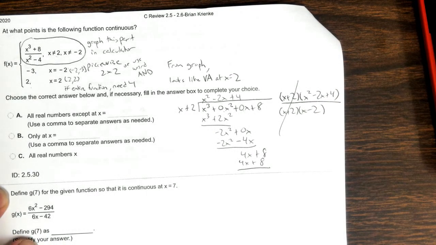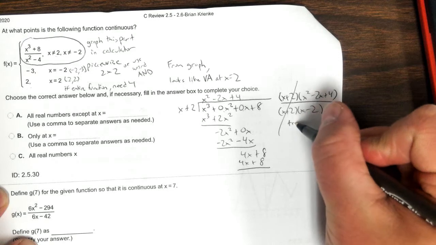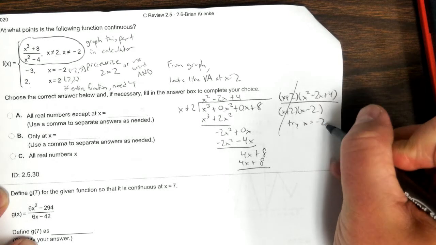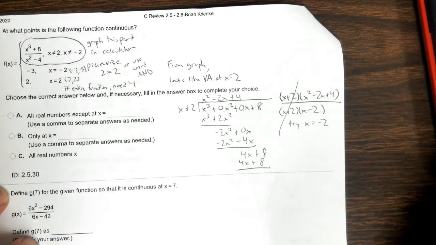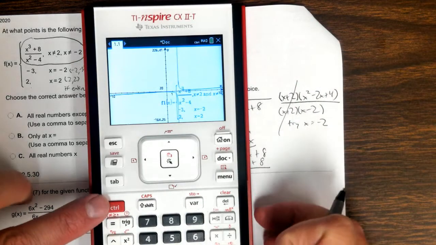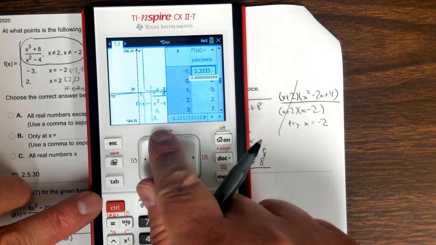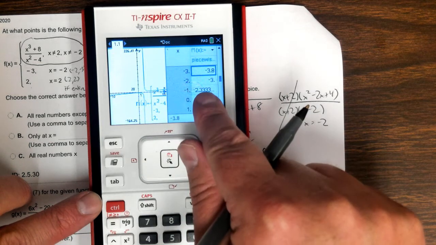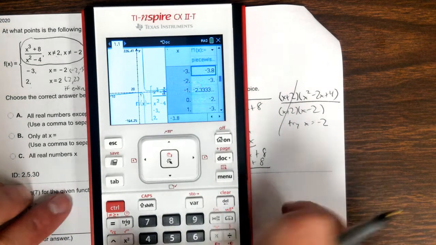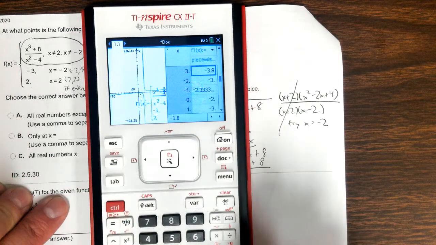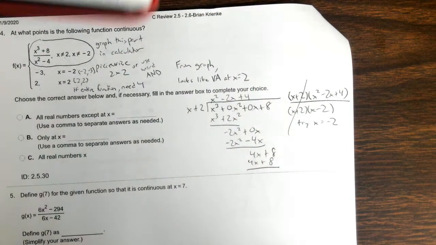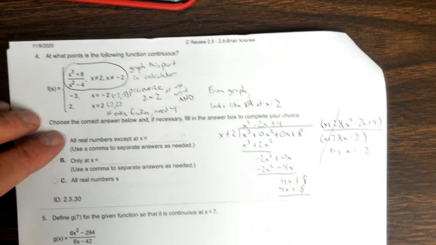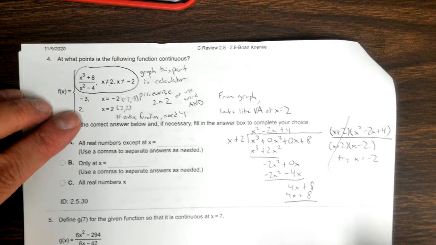And so here we want to try x equal negative 2 and see what happens. Because see, the whole point of me doing this is if I go to the table at negative 2, it shows me negative 3, but I want to verify that to know if it's really continuous.